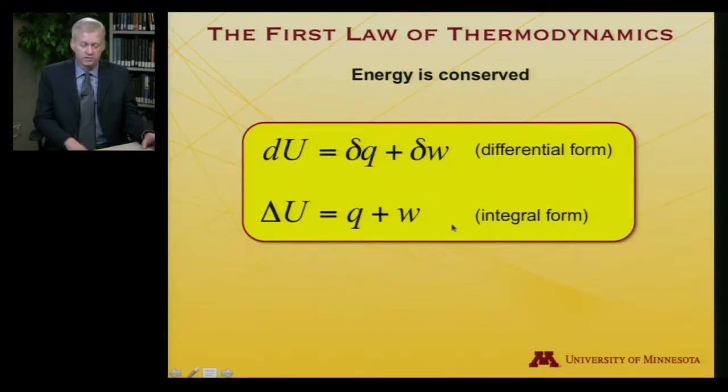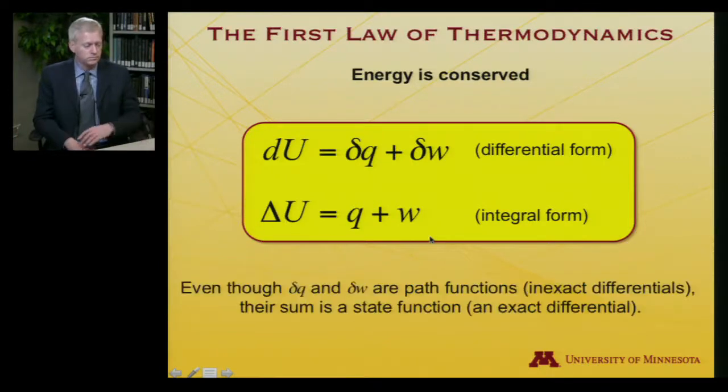If we were to write it as a change equation as opposed to a differential equation, having integrated over differentials, delta U is equal to q plus w. So that's a remarkable result in some sense. It says that I take the sum of two path-dependent quantities, two inexact differentials, and yet their sum, the internal energy, is an exact differential. It's really a very deep result.